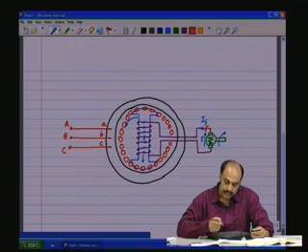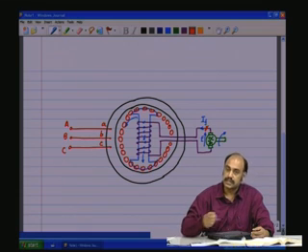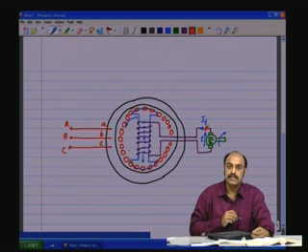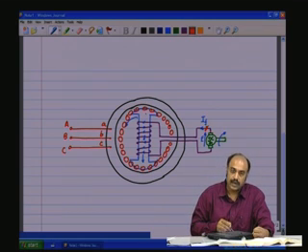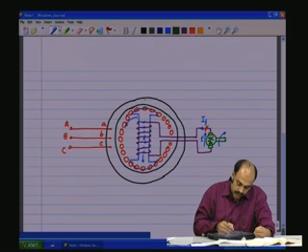So that gets cut in, and that is going to allow the flow of current into the coils of the rotor, and that will magnetize the rotor. Once the rotor gets magnetized, then the rotor locks onto the rotating magnetic field, which is rotating at synchronism.